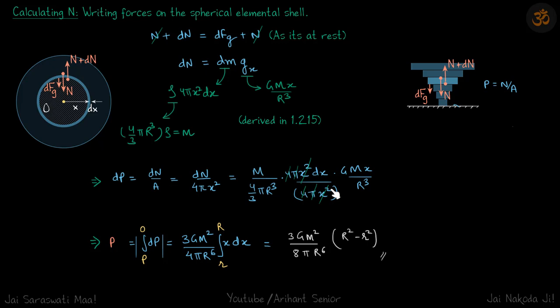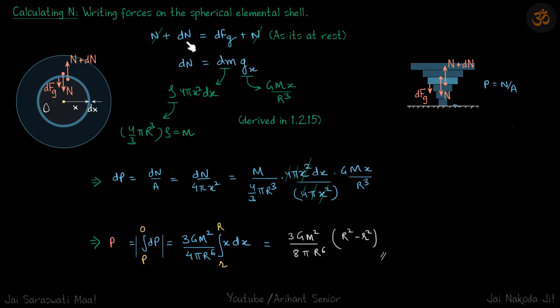Now total pressure will be the integral, from P to 0, and limits of x will be from small r to capital R. Solve that and get our answer. Now if you're wondering why we put mod here, it is because pressure is a scalar quantity. If you put the original limits, you might be wondering why the negative sign is coming. That is because when we wrote this equation, it is not exactly correct.